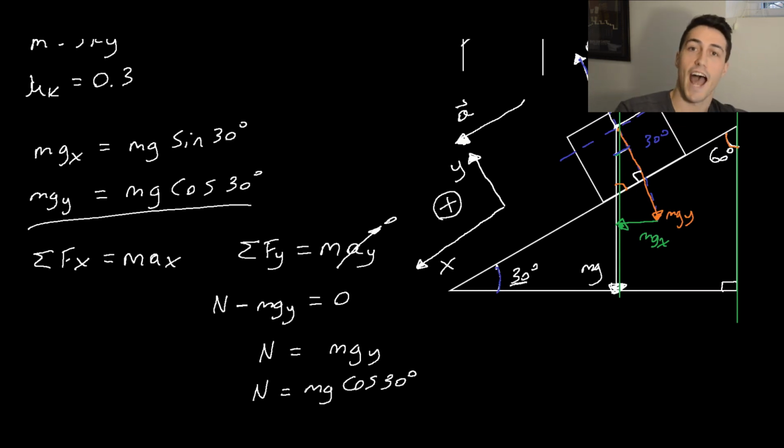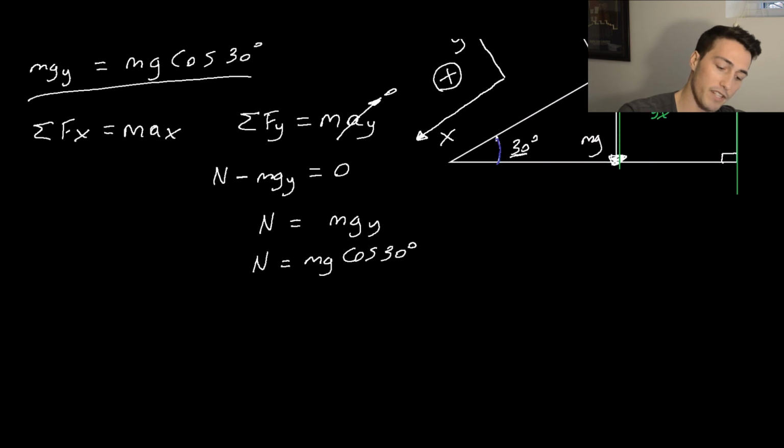And in this question, it didn't ask us for the normal force, it just asked us for acceleration, but we do have friction, and frictional force is dependent on the normal force. So we needed to find the normal force anyway. So the normal force, again, is going to be the same as last time. It's going to be 42.5. Let me just double check that. Cos of 30 times 9.8 times 5. Yeah, 42.5 newtons. Okay.